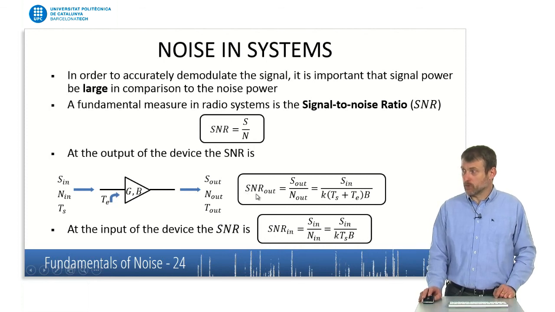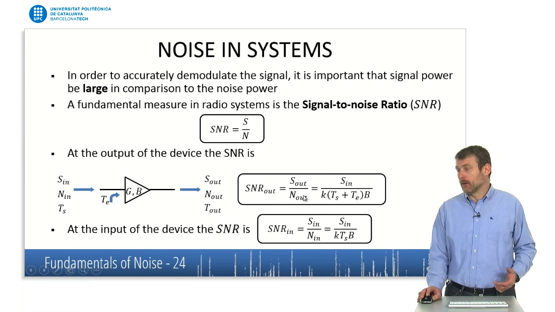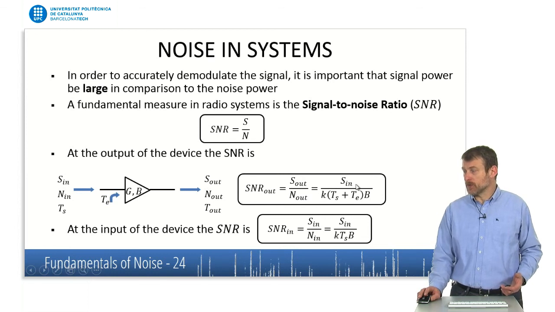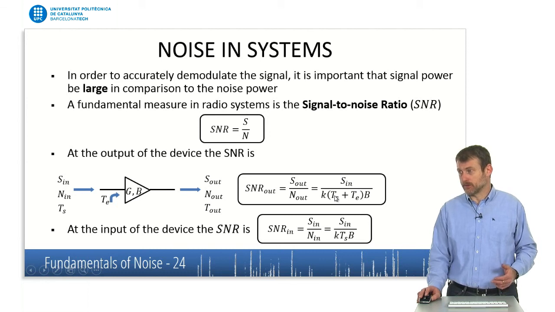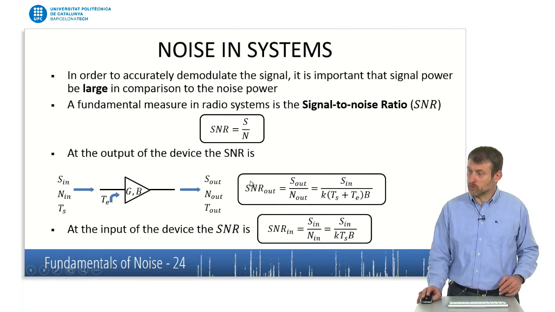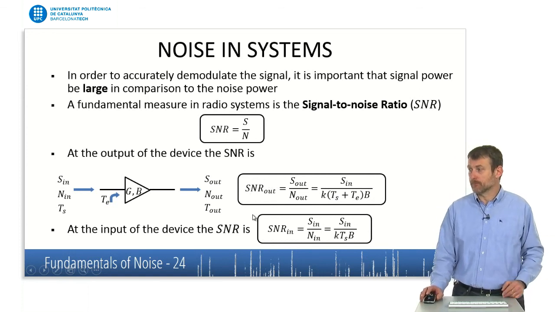Now, the signal-to-noise ratio at the output can be calculated as the output signal power to noise power, and from the equations that I've given, this ratio is equal to the ratio of input signal power to the noise power that represents the antenna or the source plus the equivalent noise temperature of our receiver, right? So this ratio gives you the signal-to-noise ratio at the output of our receiver.